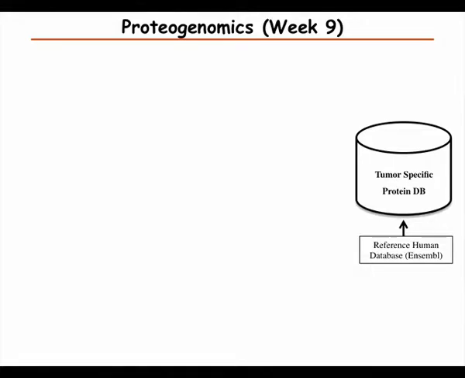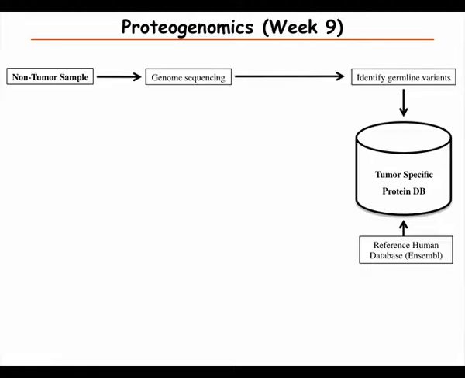So then the ninth lecture, we're going to look at how one can combine genomics and proteomics. This example shows how we can make a tumor-specific protein database. Usually when we search, we just download a reference database from somewhere. In this case we used Ensembl, and we can often identify quite a lot of the proteins. But for tumors, there are lots of genomic rearrangements.